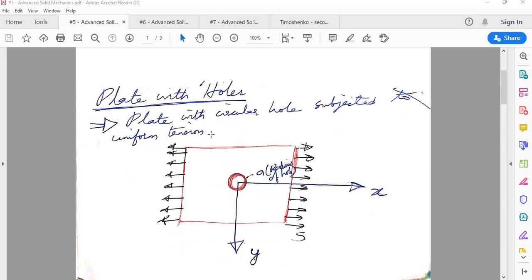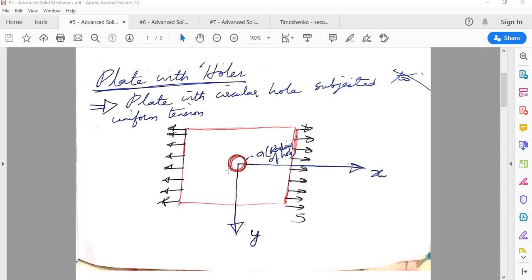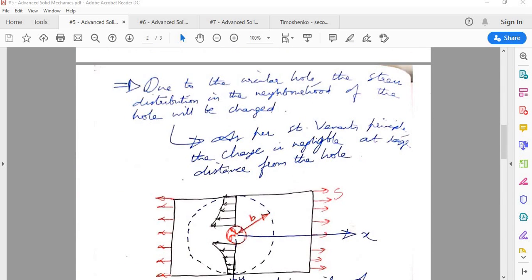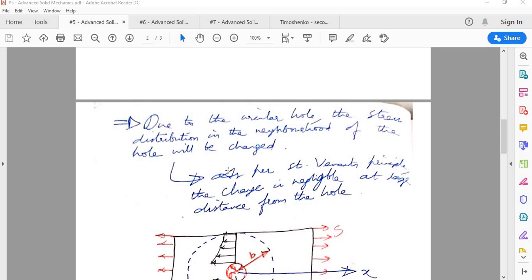Okay, so plate with hole, we have seen what it is all about. Now, basically, I can ask you any type of question, right? 1 mark question, 2 mark question, 3 mark question. So anything is possible, and you can also expect anything.